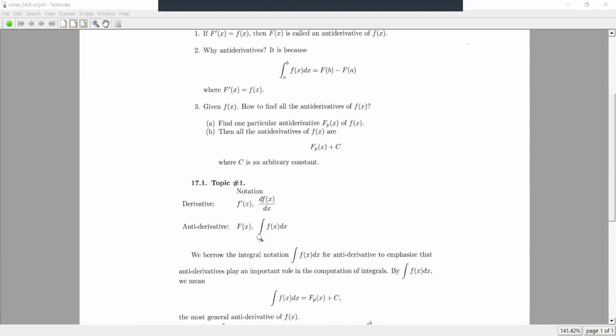Why do we borrow an integral notation to denote an antiderivative? Because we want to emphasize that antiderivatives play a role in the computation of integrals.